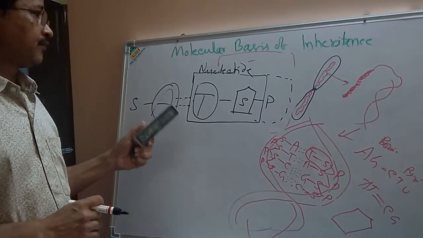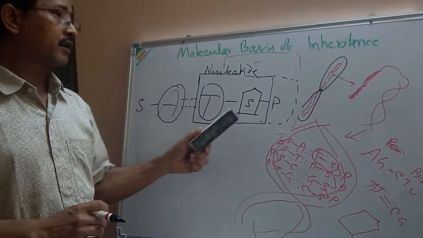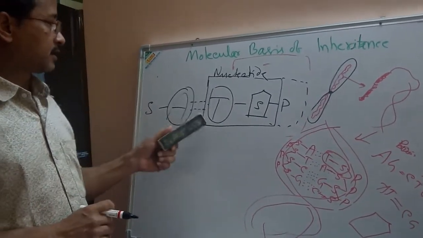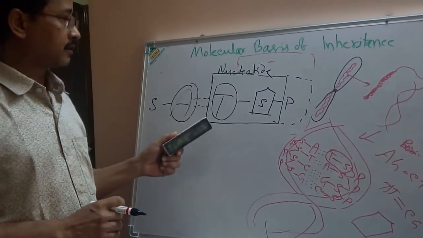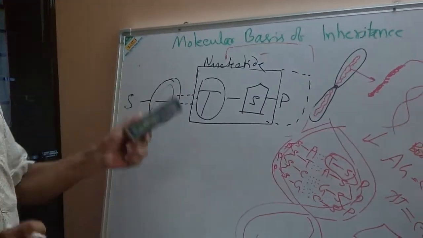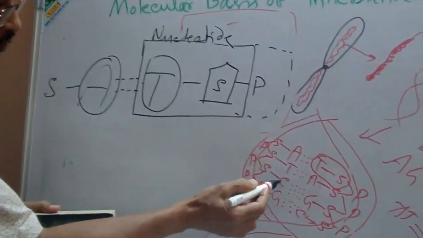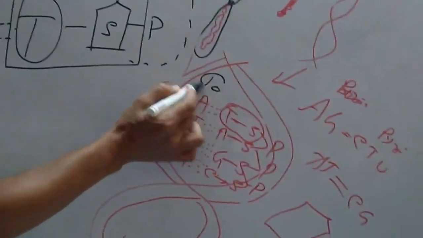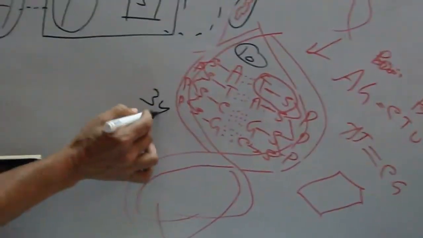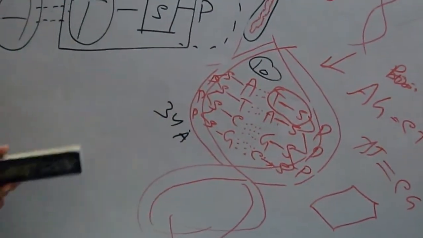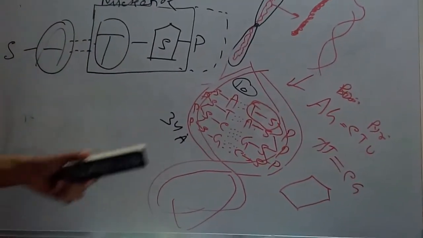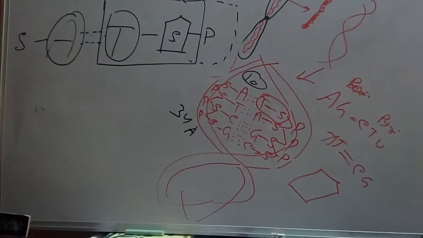In a nucleotide, the nitrogenous base, sugar and phosphorus, all three ingredient molecules are needed to form a nucleotide. There are so many nucleotides. Look, 1, 2, 3, 10. A helix consists of 34 Angstrom width, and within that there are 10 nucleotide pairs. All these are called polynucleotide.